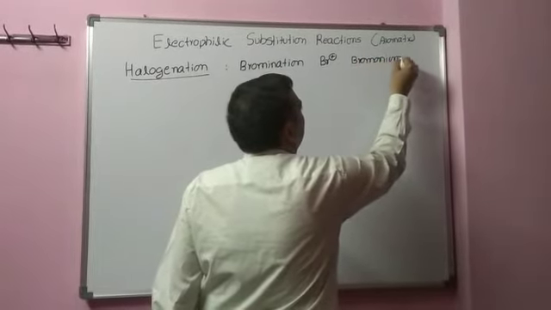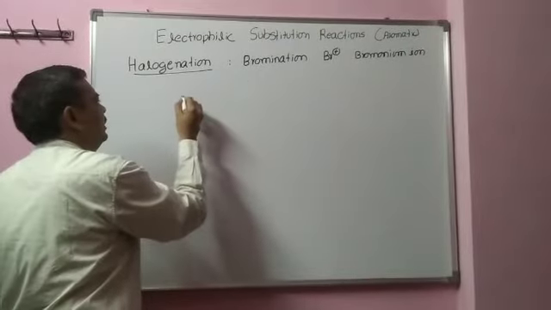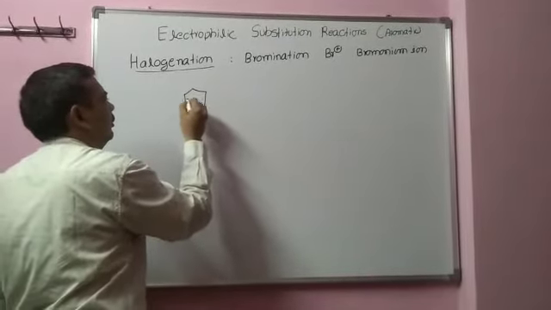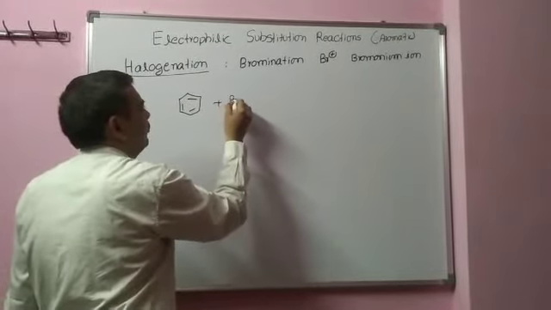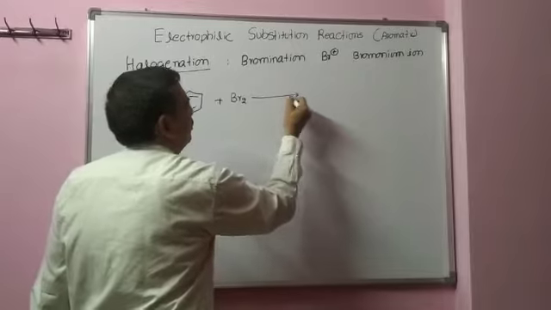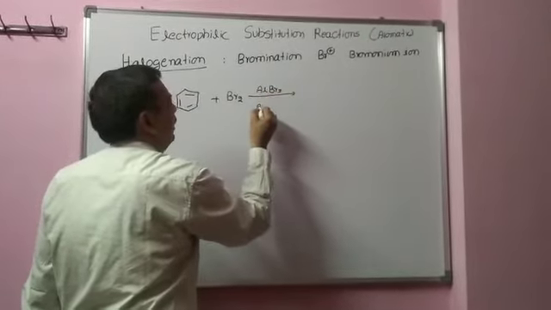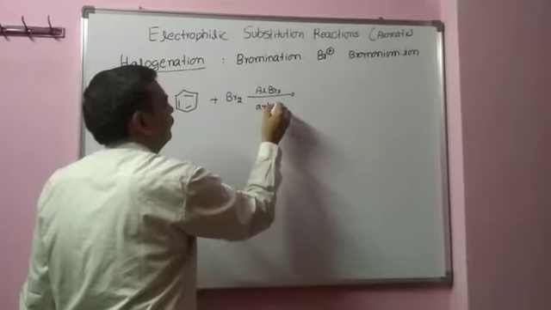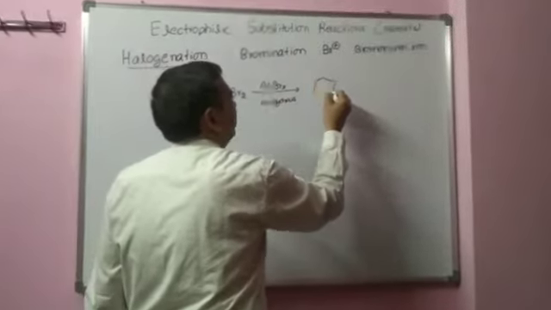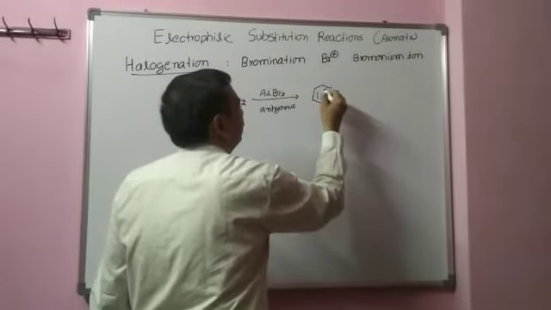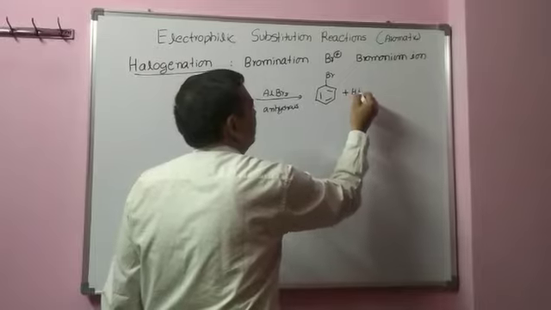Let's see when benzene is treated with bromine in presence of anhydrous AlBr3, a Lewis acid, to give bromobenzene. Bromobenzene, and the side product is HBr.